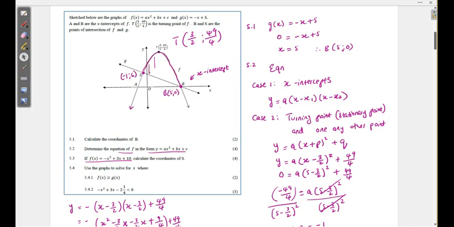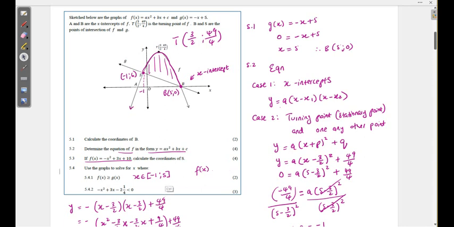Yeah, from -1 to 5. So x is an element from -1 to 5. And mind you, I'm using square brackets because they said or equal to. If they had just said where f of x is greater than g of x, then I would use round brackets here like this.